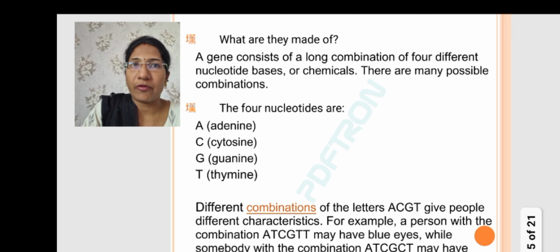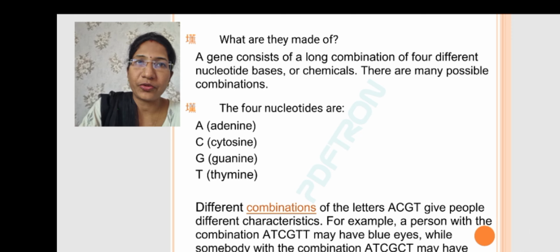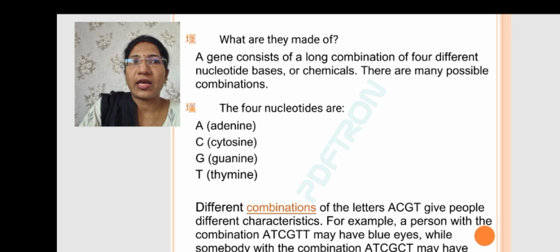What are they made of? The gene consists of a long combination of four different nucleotide bases or chemicals. There are many possible combinations. The four nucleotides are adenine, cytosine, guanine and thymine.